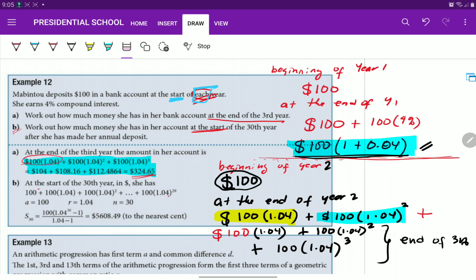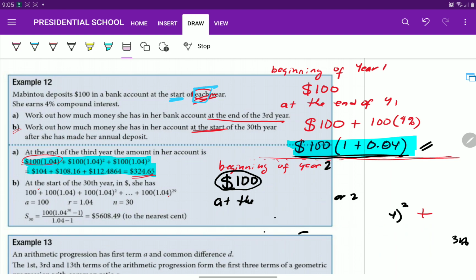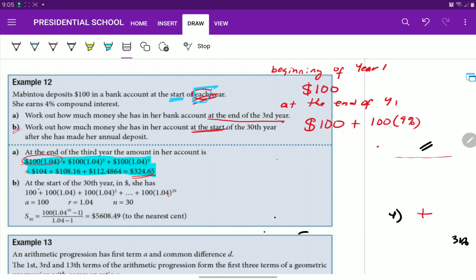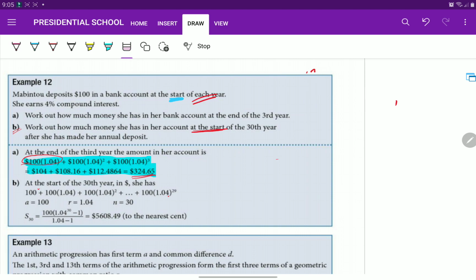Let's try to visualize what we mean by the start of the 30th year. At the start of the 30th year, meaning the money at the end of the 29th year, let me just write it down, meaning the money at the end of the 29th year, take note at the end, plus 100.